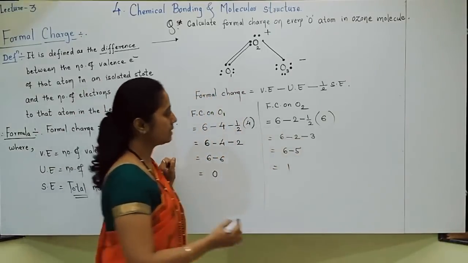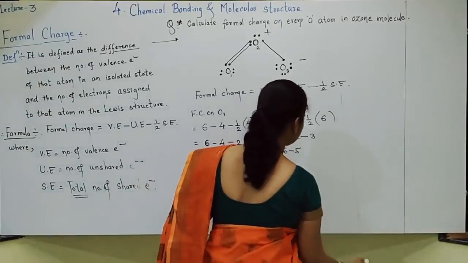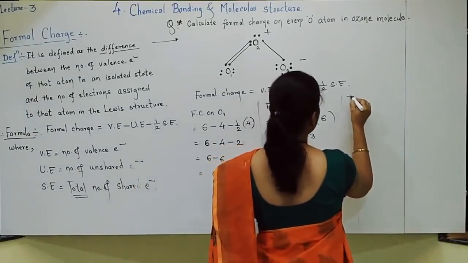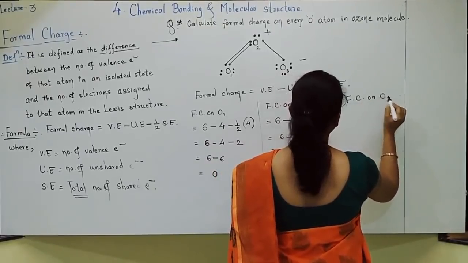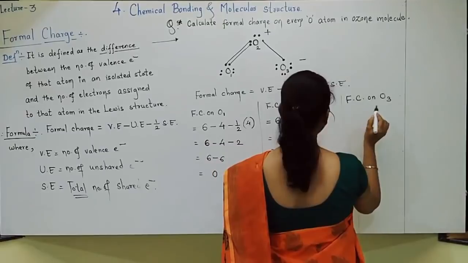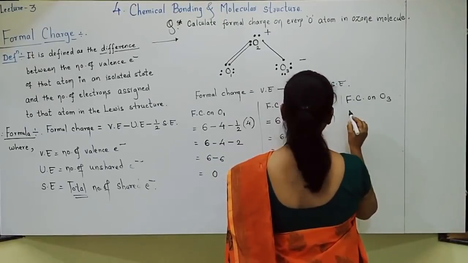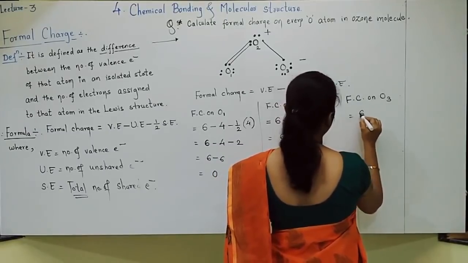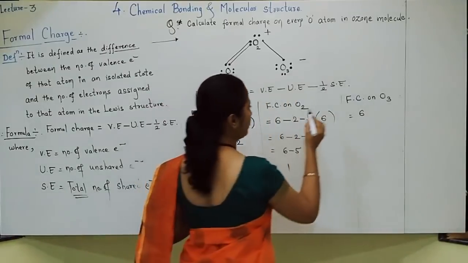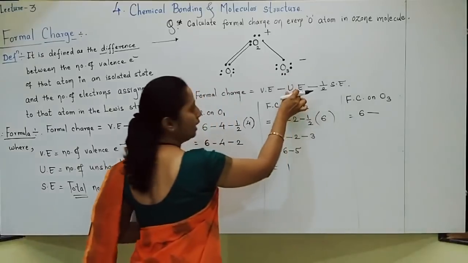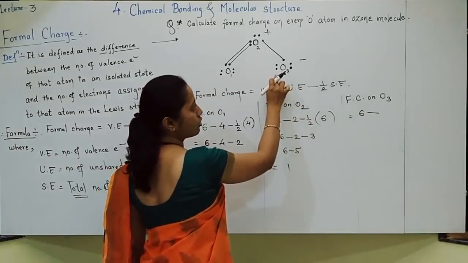Okay, let us move towards the last, the formal charge on the third oxygen, O3, which is equal to valence electrons, students, of course 6, is it? Next, minus unshared electrons, not shared electrons.